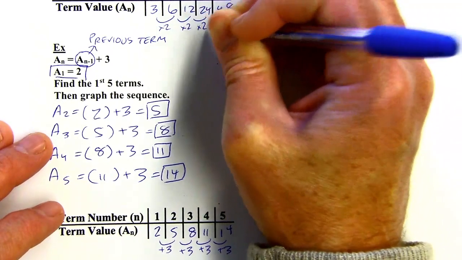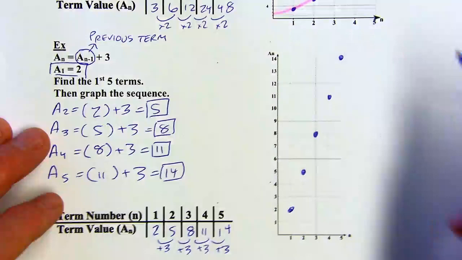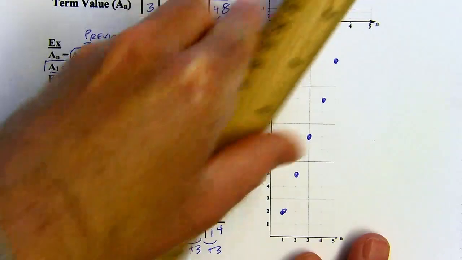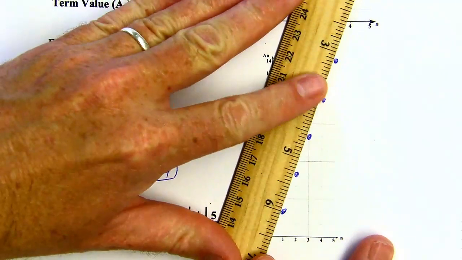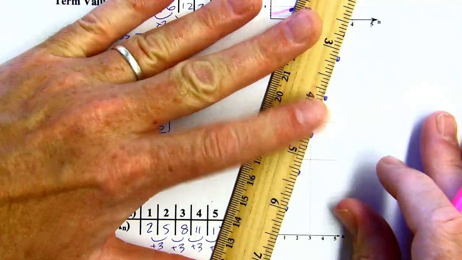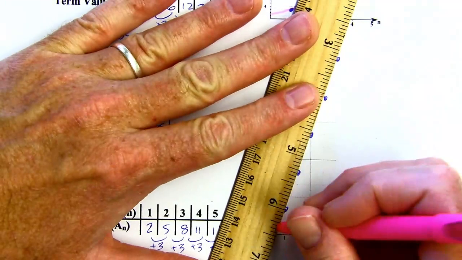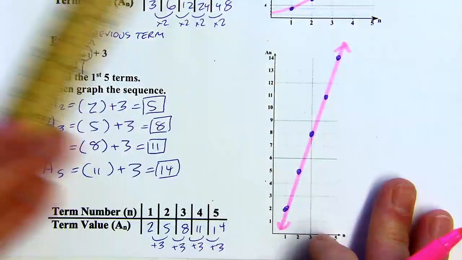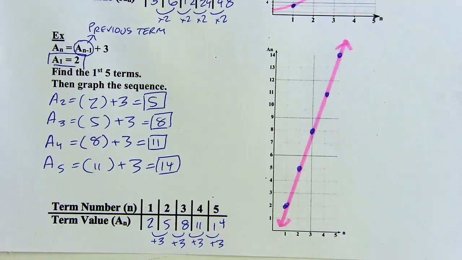So when you're multiplying, you get a geometric sequence, which is going to be a curve. But when you're adding to get from term to term, that means you've got a common difference. And that means your points should be lined up on a straight line. Something like that. Okay.